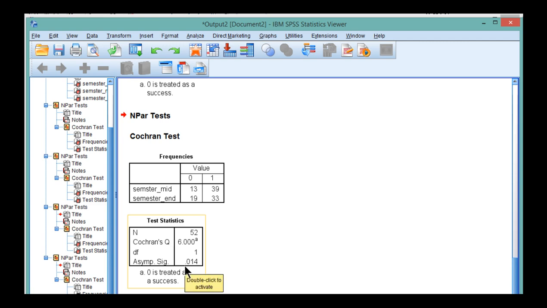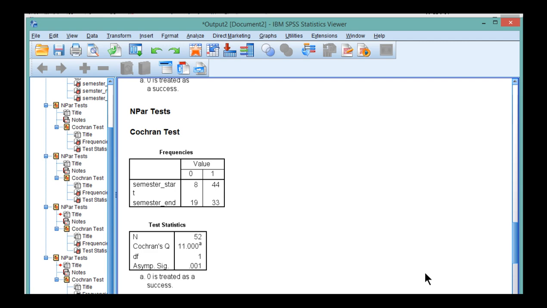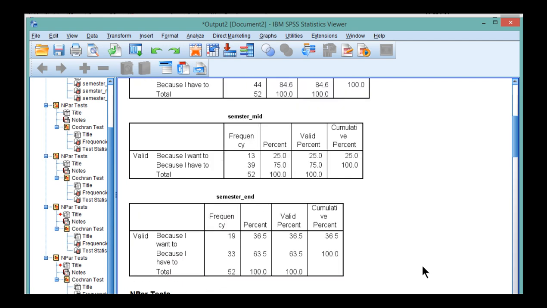In fact, p equals 0.014 with 1 degree of freedom. So again, the teacher or researcher could assert that a statistically significant increase in the percentage of students who are taking the unit because they want to is observed from mid-semester to end semester. So across all of the levels, a statistically significant increase in the percentage of students who are taking the unit because they want to is observed.